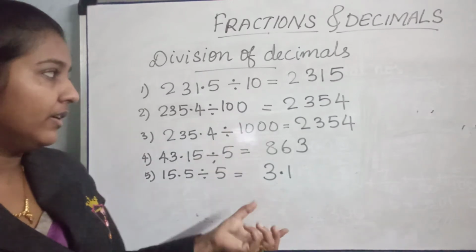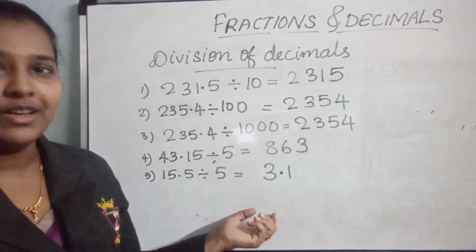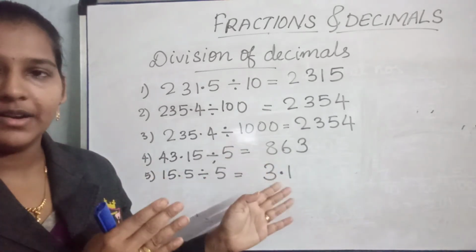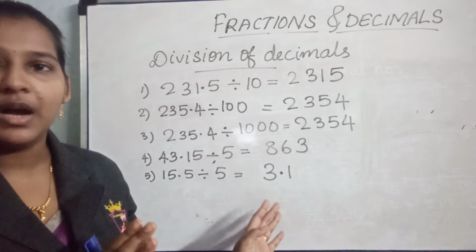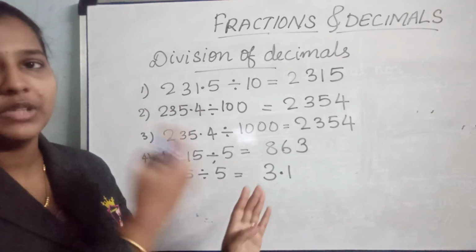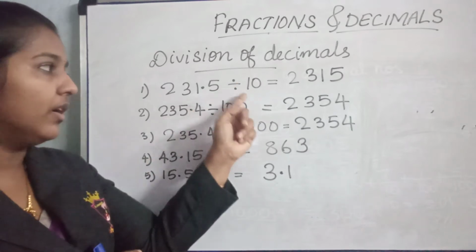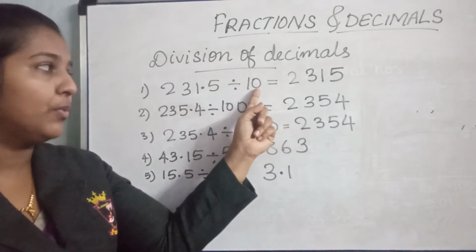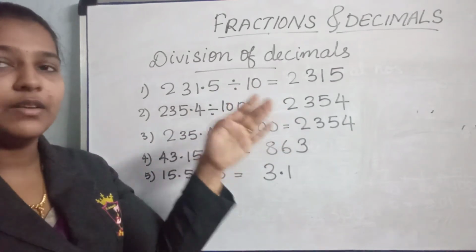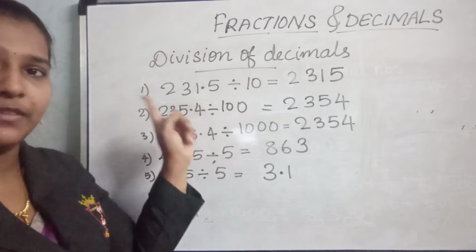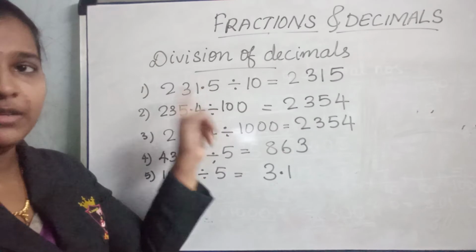But here in division, when we are dividing a decimal number by 10, 100 or 1000, you have to shift the point to the left according to the number of zeros. Here it's 10, that's why we have to put the point one place to the left of the given place.